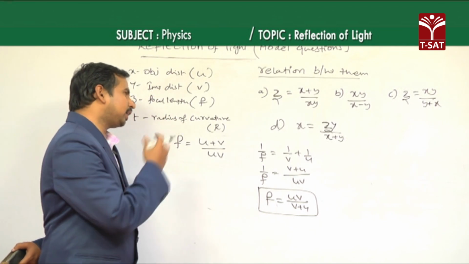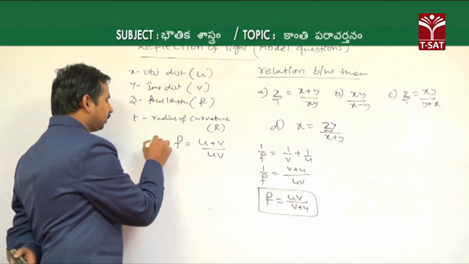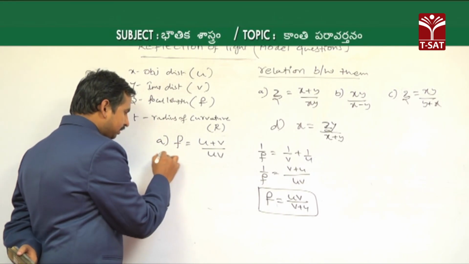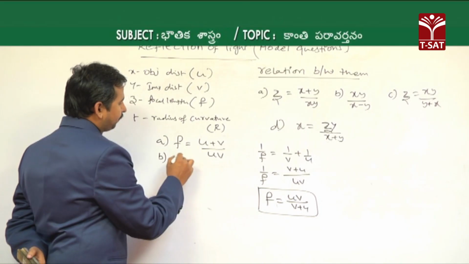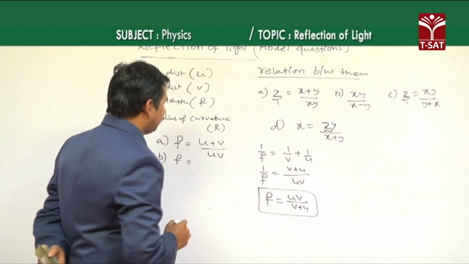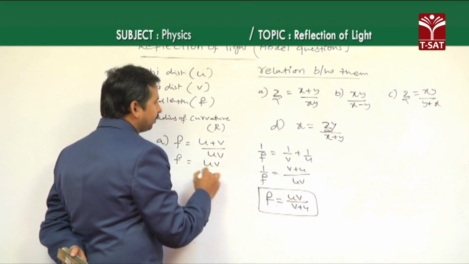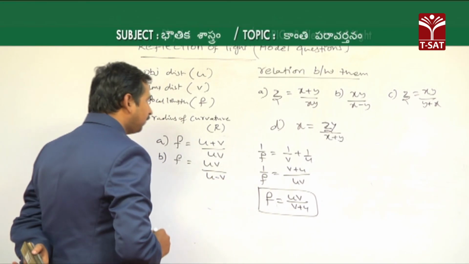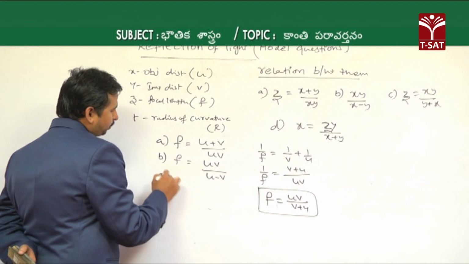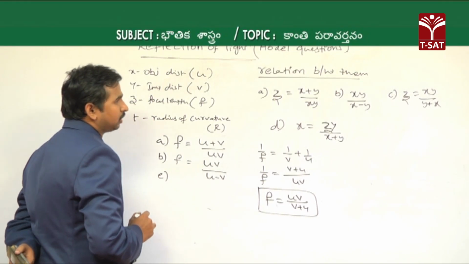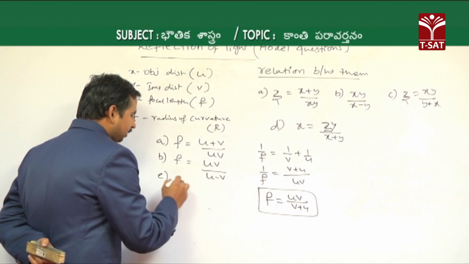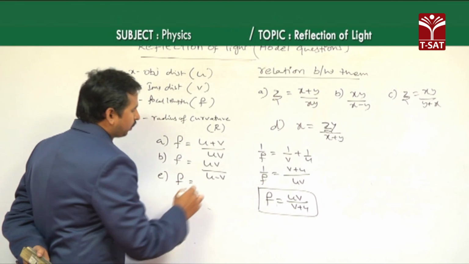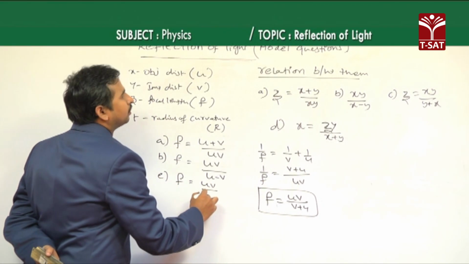But here, according to the first option it is u plus v by uv. In the second case, option b, f is equal to xy by x minus y, which is uv by u minus v. Option c is z is equal to xy by y plus x, which means f is equal to uv by v plus u.